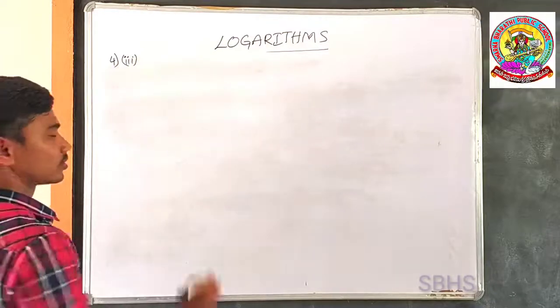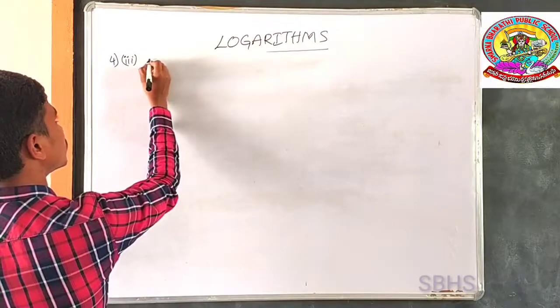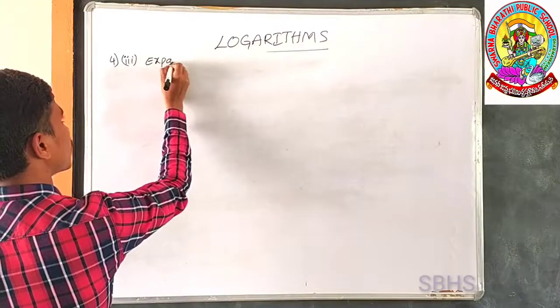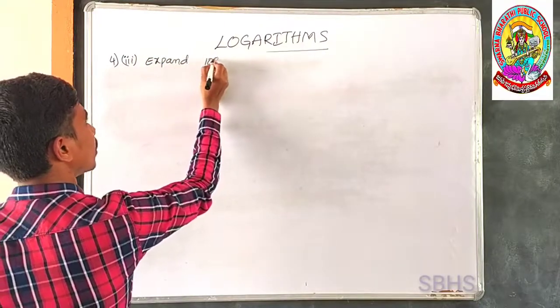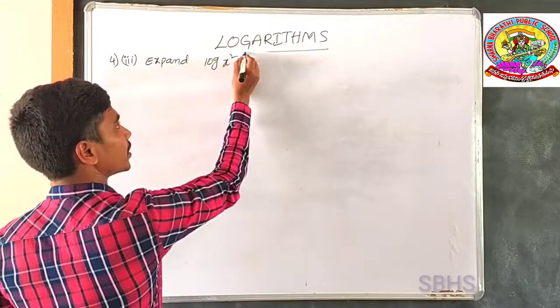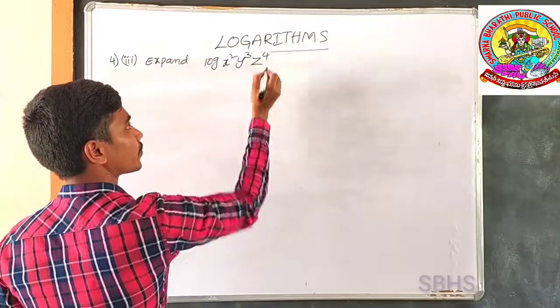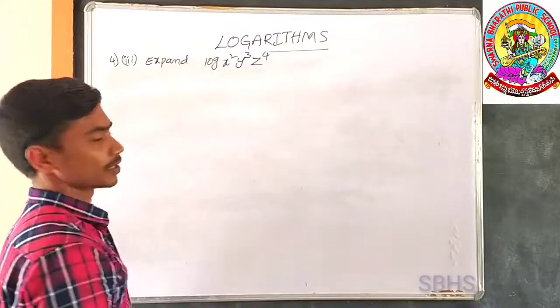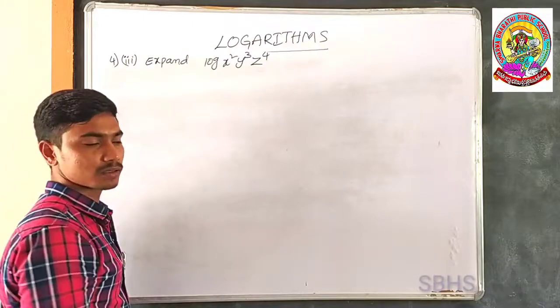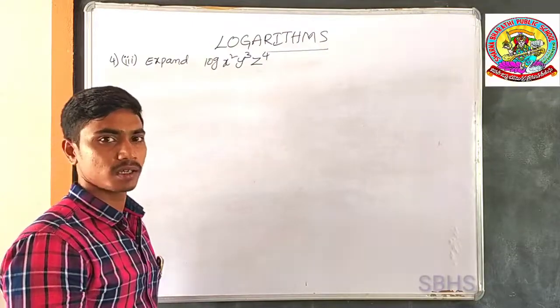Third sum. Expand log x square y cube z power 4. Here base is not there, means that should be natural logarithm or common logarithm.